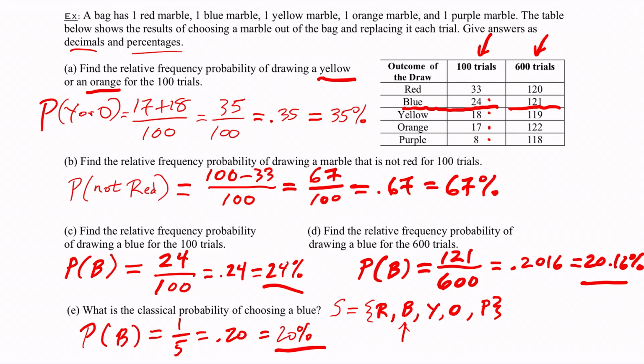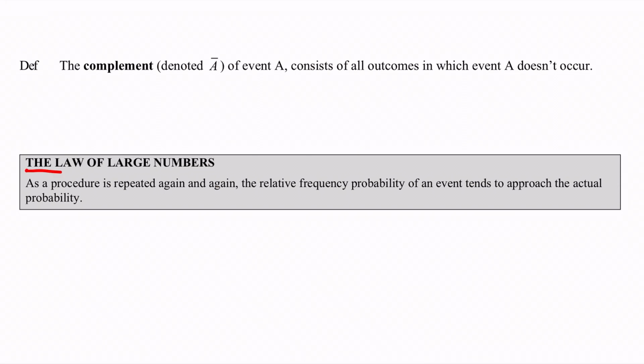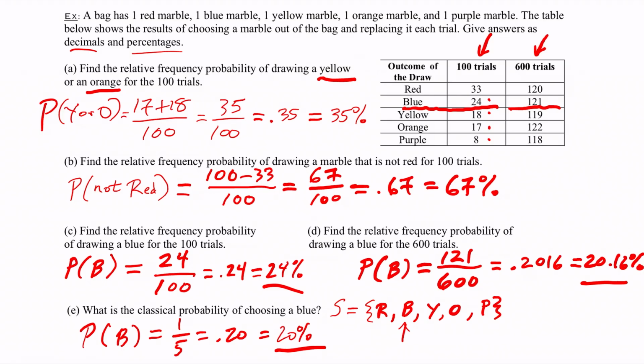Well, we can think of this as an example of the law of large numbers. As a procedure is repeated again and again, the relative frequency probability of an event tends to approach the actual probability. And by actual probability, we mean its classical or theoretical probability. So as we performed more trials here, going from, say, 100 trials to 600 trials, we saw that our probability went from 24% in the case when we were doing 100 trials to 20.16% in the case when we were doing 600 trials.